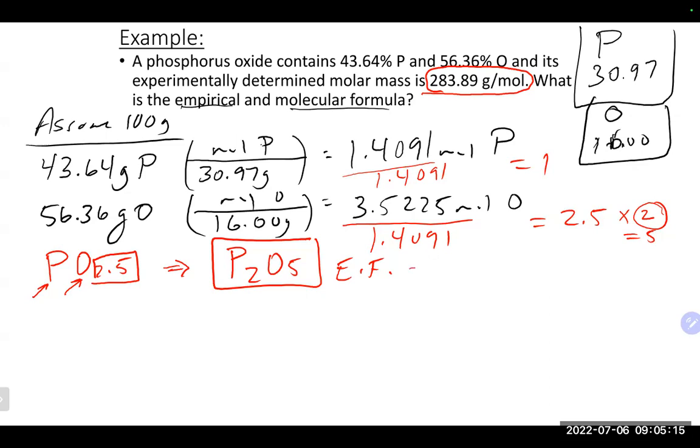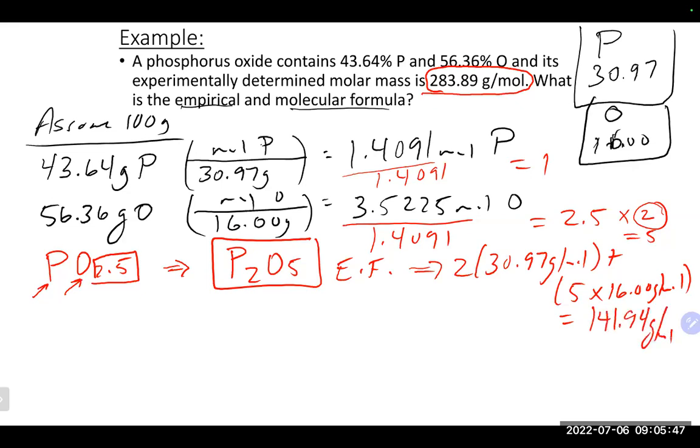That would be 2 times our 30.97 for phosphorus, plus 5 times 16 for our oxygen.